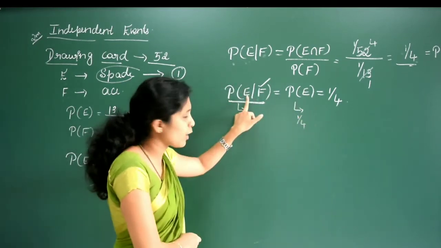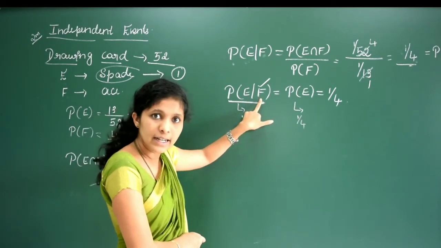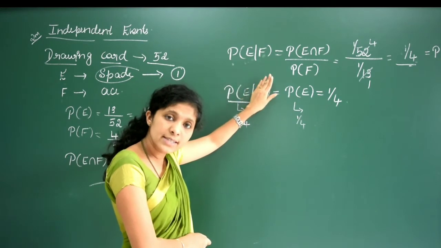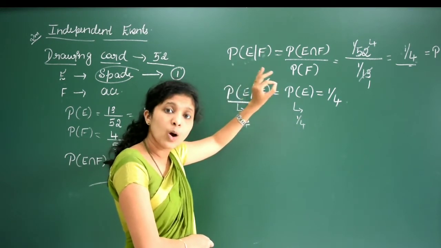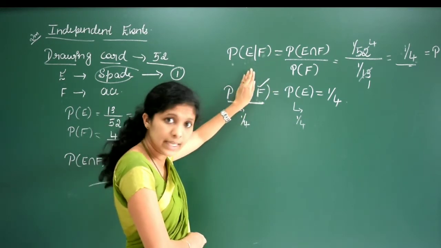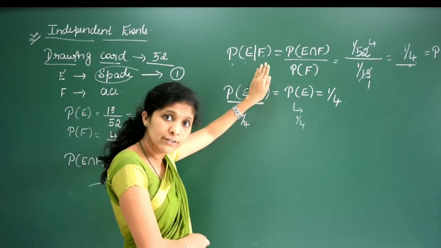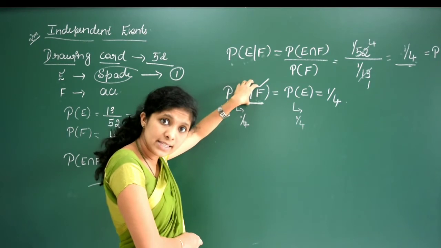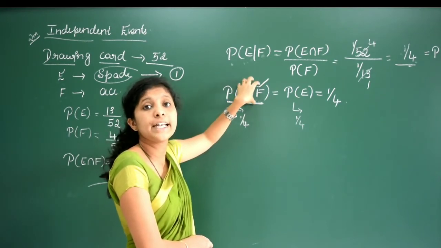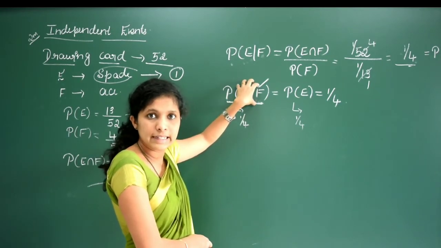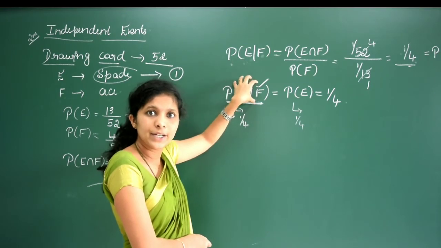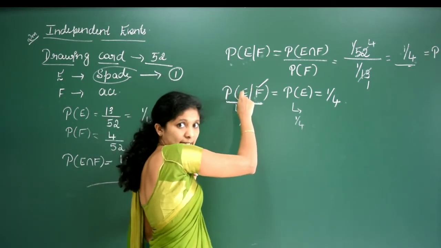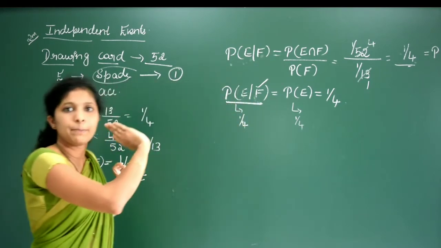So the occurrence of F does not affect anything on E. The occurrence of the event F does not affect the event E. So we can say that this is an independent event. Is it clear? This is an independent event because the occurrence of this will not affect E. So this is called an independent event.